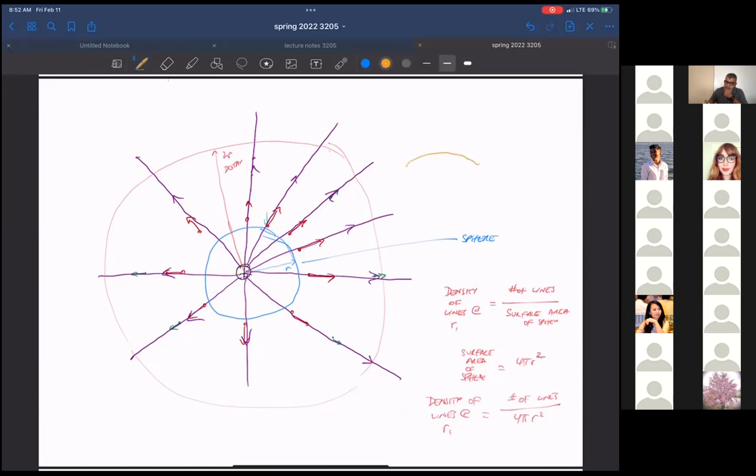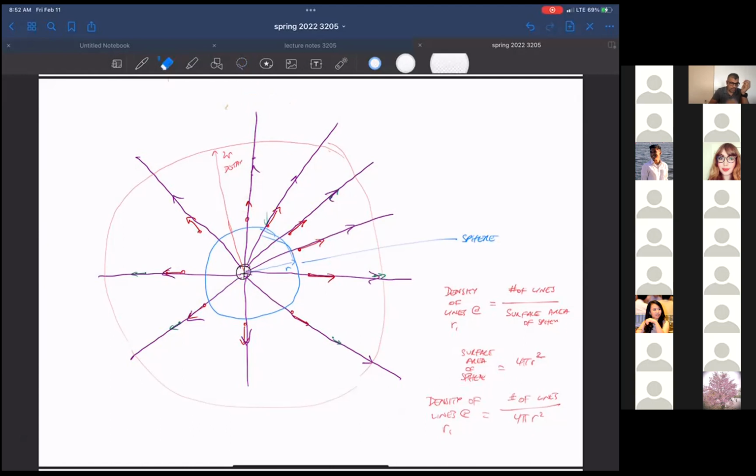So I'm saying if this guy was here, notice 3 lines are crossing it. If it goes up here, only 1 line crosses it. Do you see what I'm saying? The density of the lines crossing is dropping as I'm moving away from the center, as 1 over r squared, as we expect.